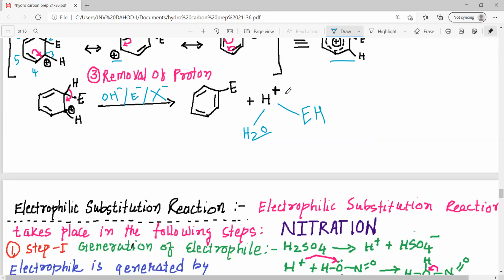And when it combines with the X minus, it gives HX. So this is how the third step takes place. And the electrophile is being bonded to the benzene ring, and that is how we get the benzene derivatives. So these are the derivatives of benzene.